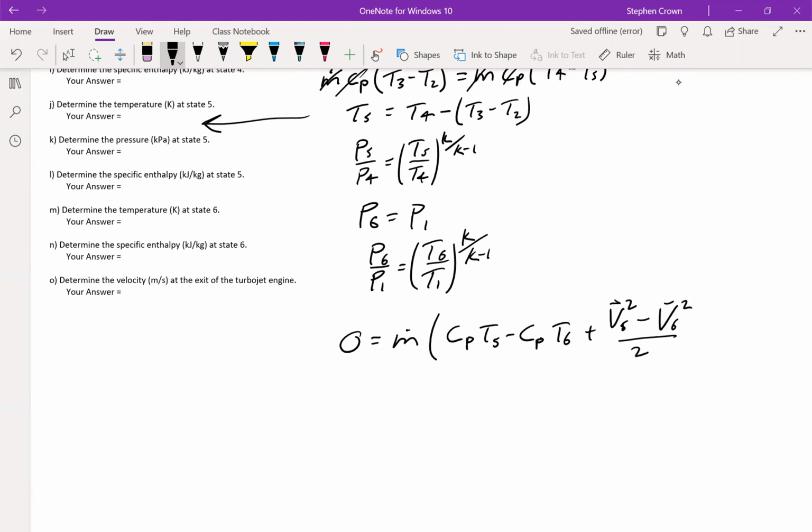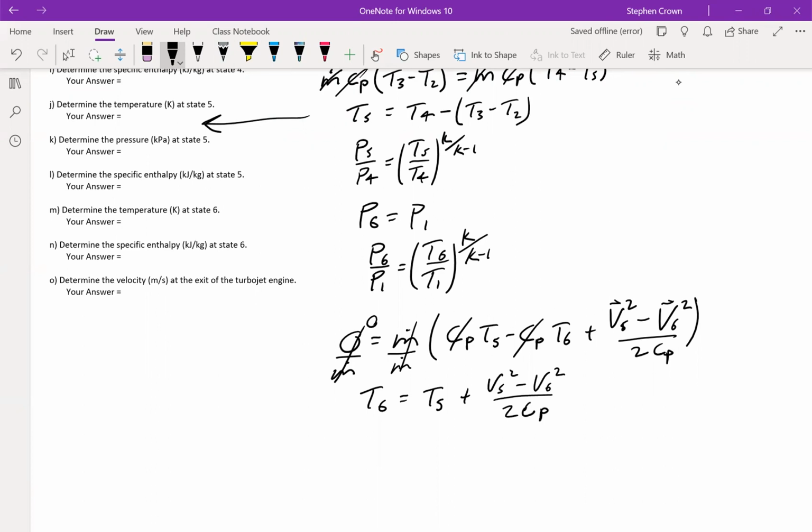That's velocities, not volumes. If we divide by m dot, this becomes 1, this is still 0. We can divide by Cp, and finally we get that T6 equals T5 plus V5 squared minus V6 squared over 2 Cp.